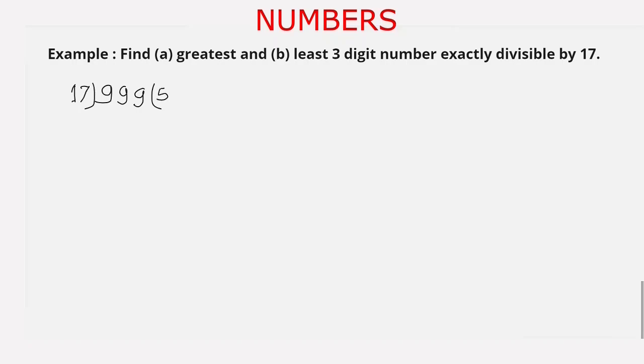So 17 times 5 is 85, and on subtracting 85 from 99, we get 14, and we carry 9 from above, and 149 is to be divided by 17.